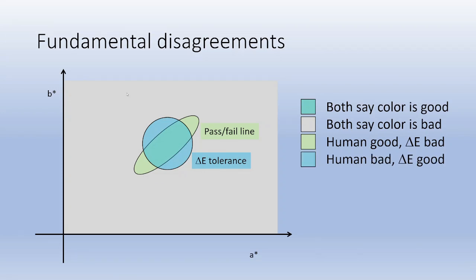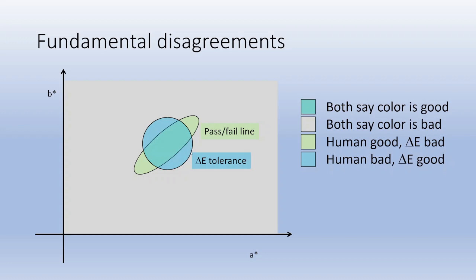We also have the opposite condition here, this region here and here. The human says that they're bad. They're outside of that ellipse that says that the colors are okay. So the human observer looked at that and said, no, this thread does not match. This is a bad match. But the computer with the circle says the tolerance is good. We are within tolerance.